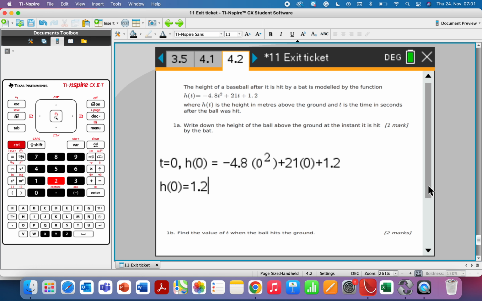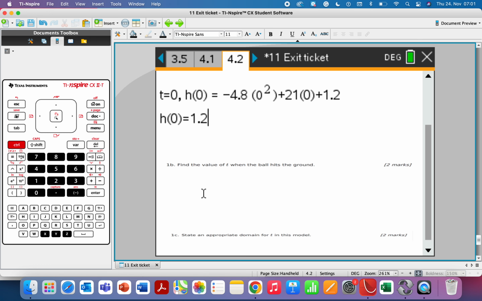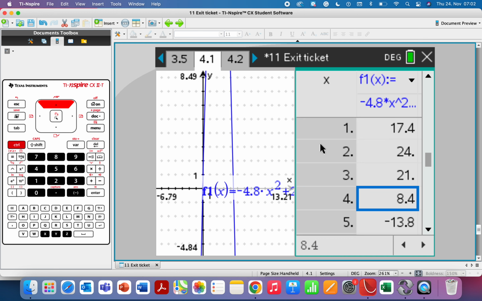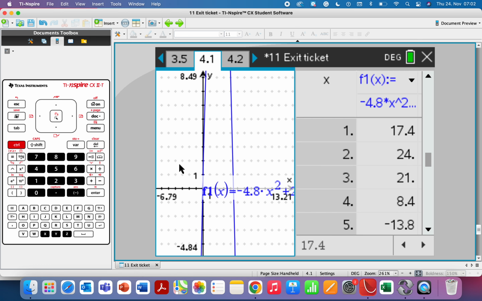And then for the second part, we actually want to know where the ball hits the ground. So we're going to put when h equals 0, find t. That should help us with our understanding. And if I look at this graph, look, it goes up to a height of about 20, 21 here, 24. So I'm going to Control T again, take off the table.